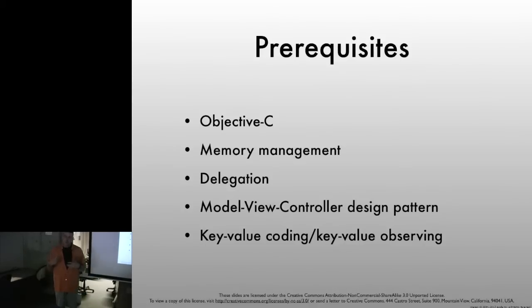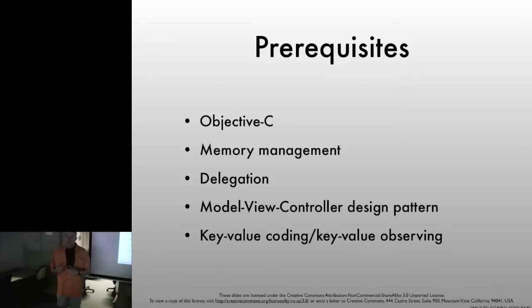But once you start growing into full app size, you're going to need to understand how memory management works, which is another reason that we've been so consistently talking about it, even with the magic of ARC. You also need to understand delegation to a pretty decent extent, and how you can have objects delegate for other objects without subclassing them. And then Core Data is built on the principles of MVC, and I'm going to talk about that in just a second.